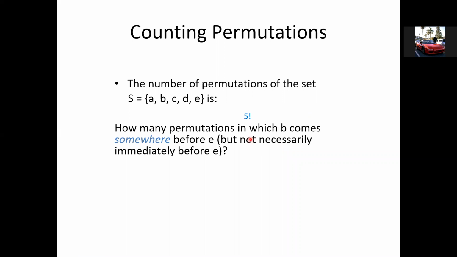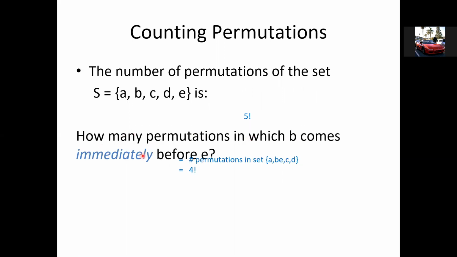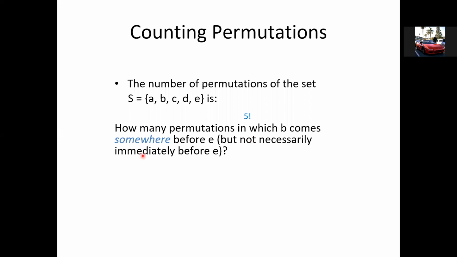What if I erase the word immediately? Okay, so I want to have permutations in which B is somewhere before E, but not necessarily immediately before, right? I just want that, okay, I have to permute these letters.